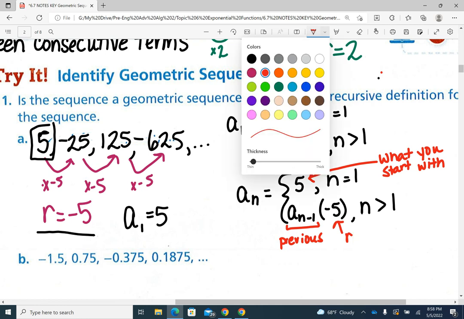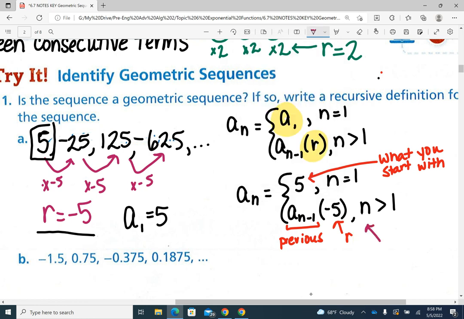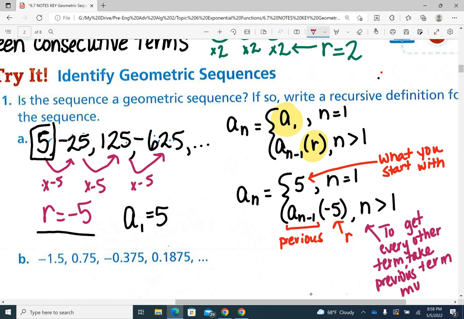So what the second line is saying is, to get every term other than the first one, we're going to take the previous term and multiply it by r.